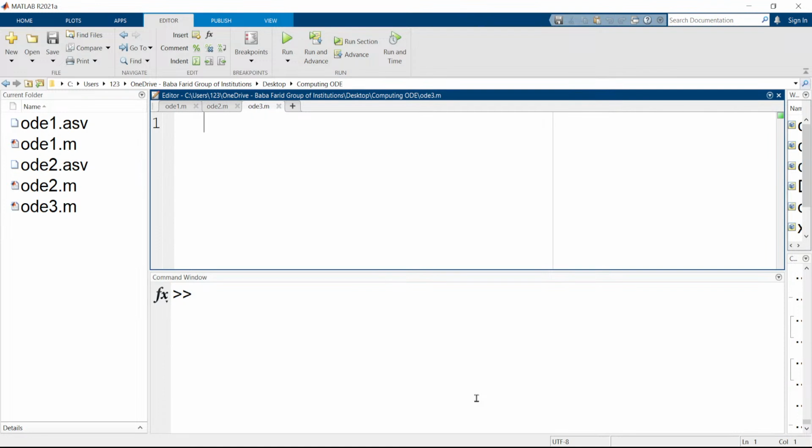So here first we need to define, as before, clc, then clear, and then close all.